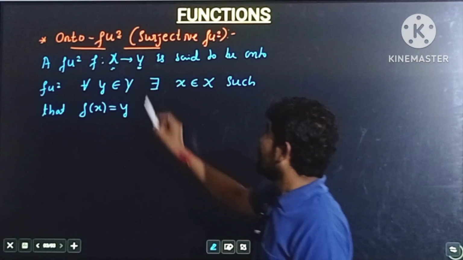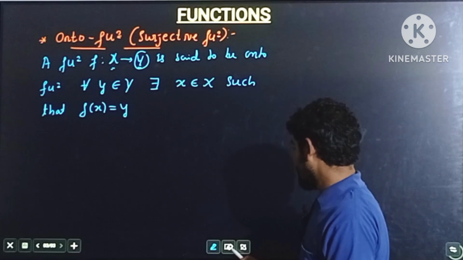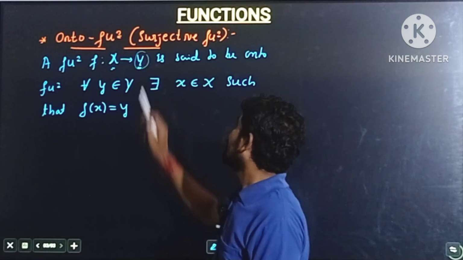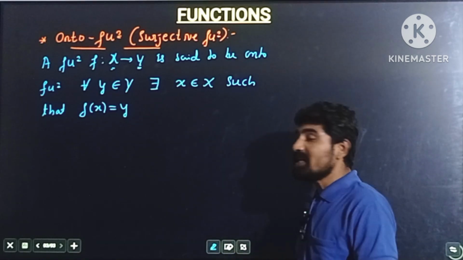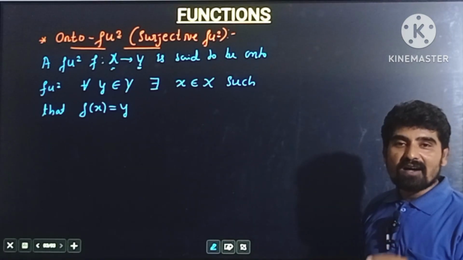So if every element of the second set has pre-images in the first set, then that function is called an onto function.